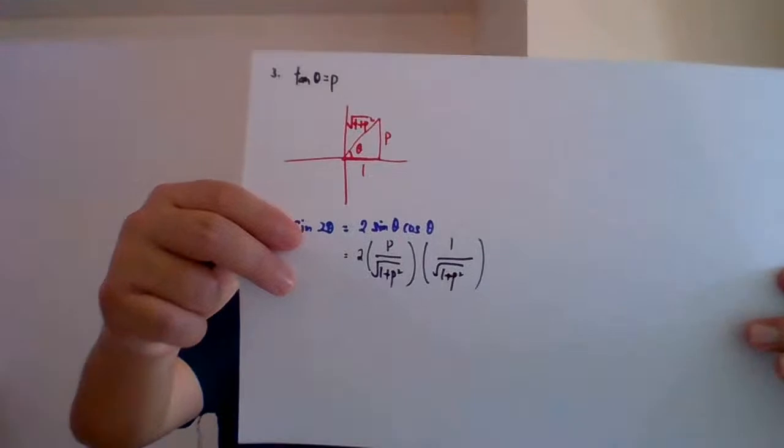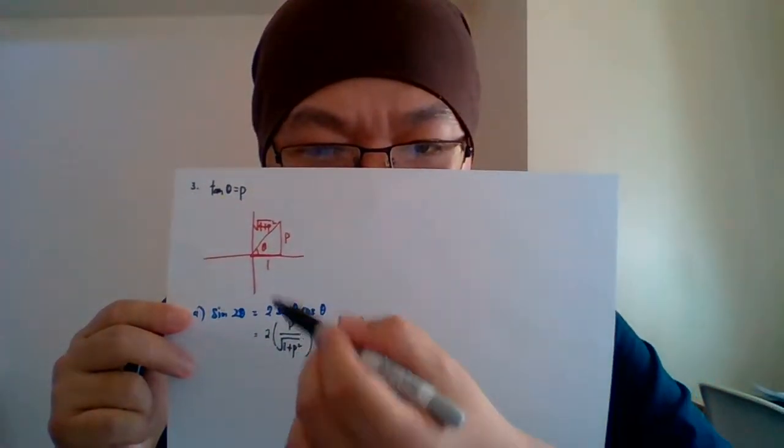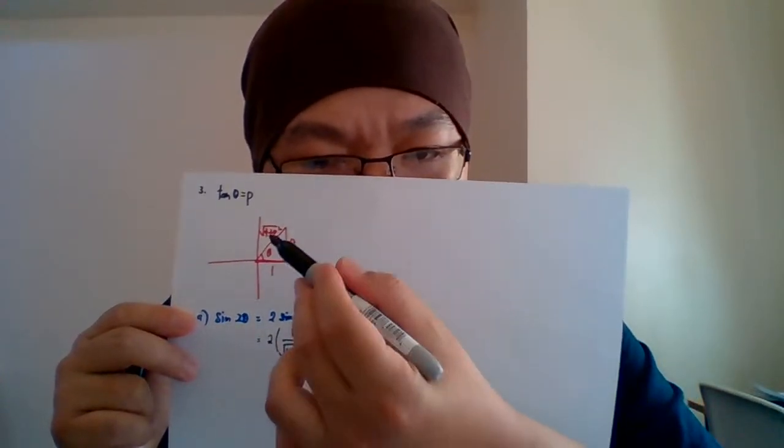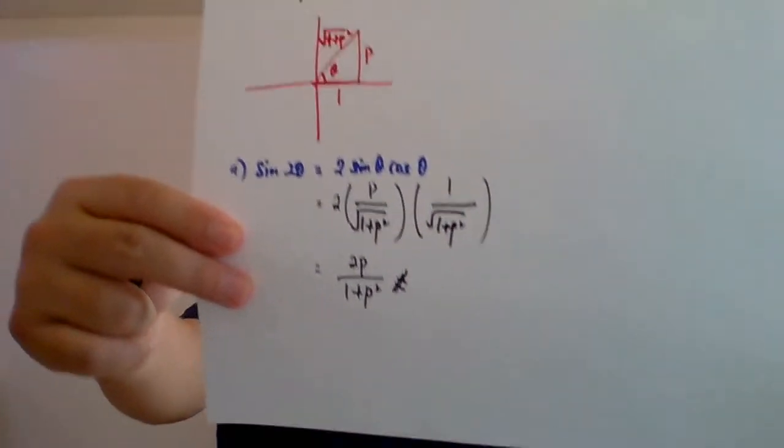Nampak? So how I get this value from the diagram? Sin theta equals opposite over hypotenuse, cos theta adjacent over hypotenuse. Then korang darabkan saja, dapatlah final answer 2P over 1 plus P squared. Done. This is the final answer.